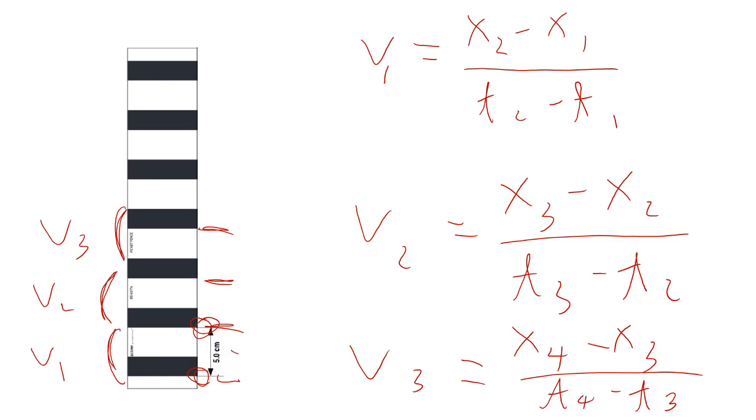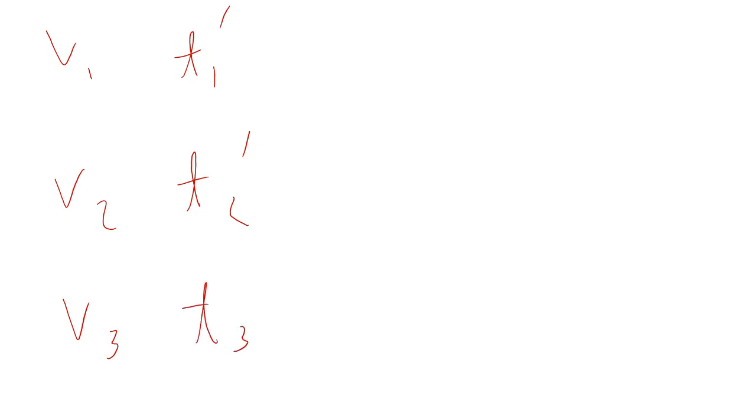So v1 comes at the midway point between t1 and t2. So v1 occurs at some time t1 prime. v2 occurs at some time t2 prime. v3 occurs at some time t3 prime.